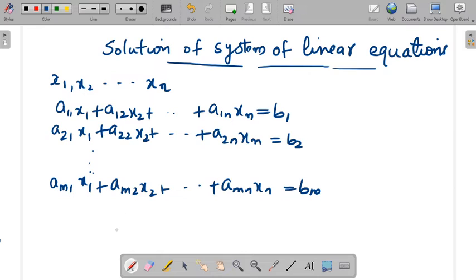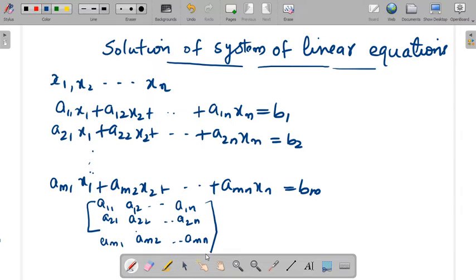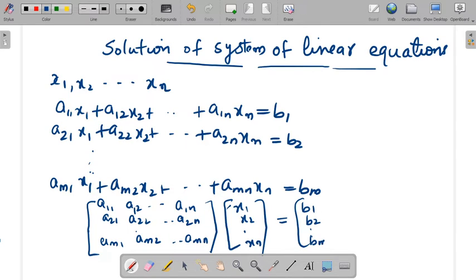For example, you can write this system as a matrix product: the matrix a11, a12, etc., a1n, a21, a22, etc., a2n, etc., am1, am2, etc., amn, into the column of variables x1, x2, etc., xn, equal to b1, b2, etc., bm.